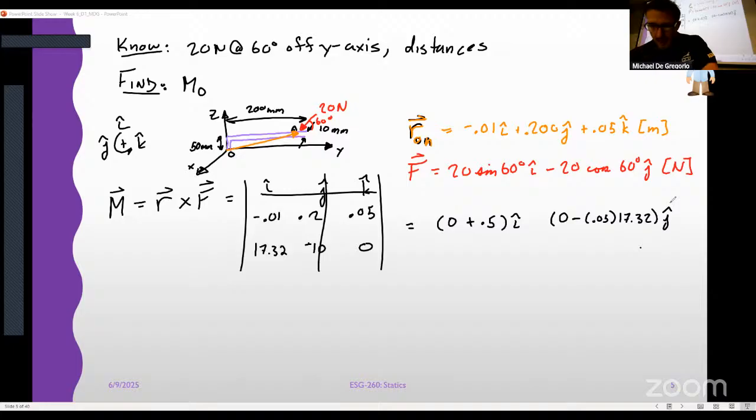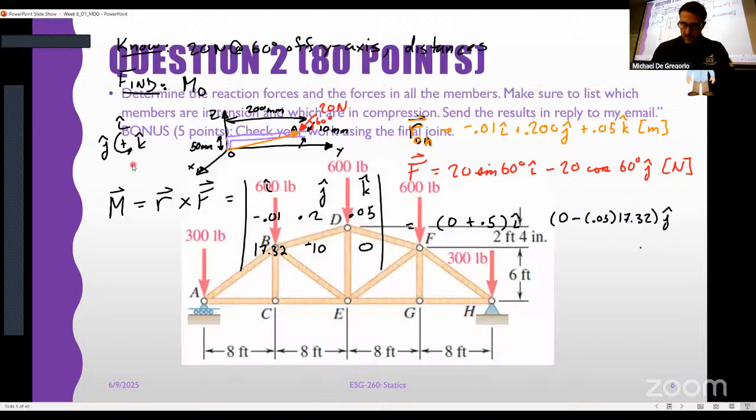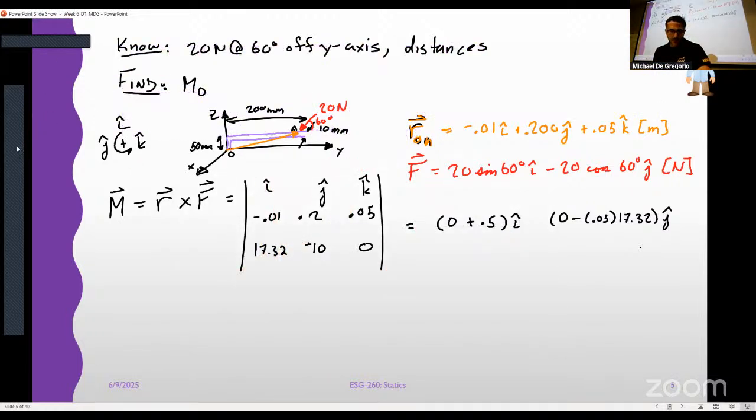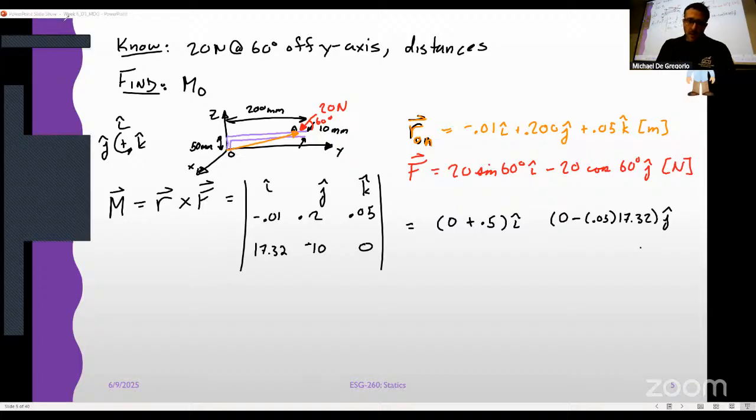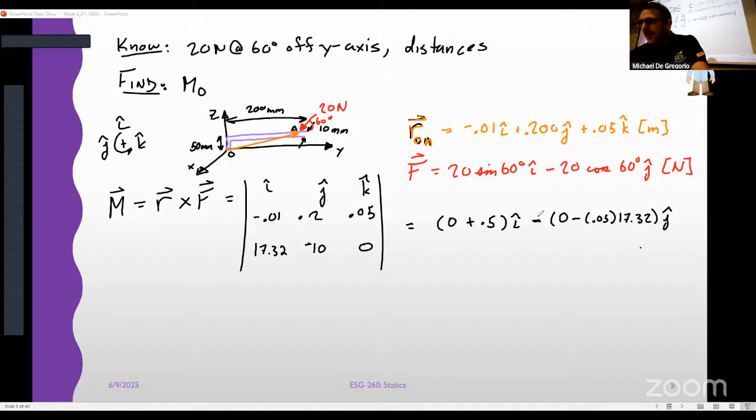And the J. J gives me I cross K, right? I cross K, I have to go backwards around here, go this way, which is negative, right? So this is going to be negative here. But if you notice, this will be minus a negative, right? So it's going to come out positive at the end of the day.